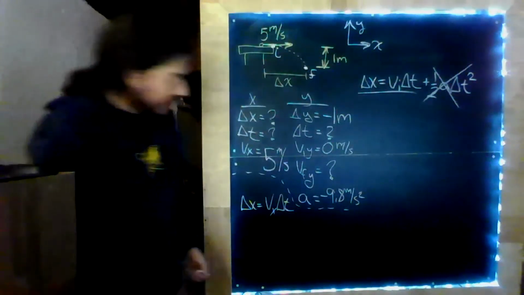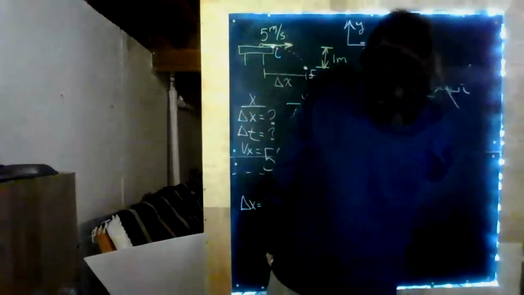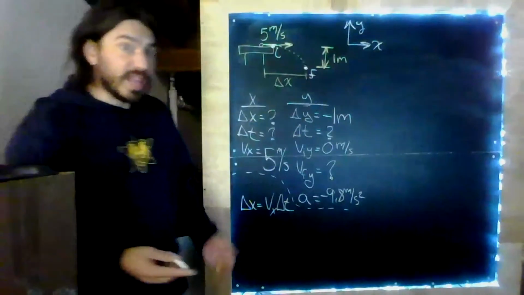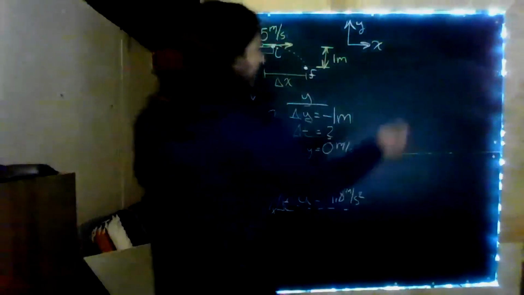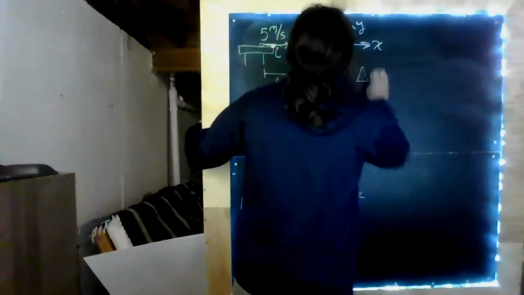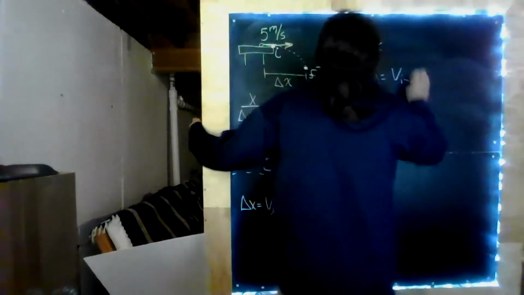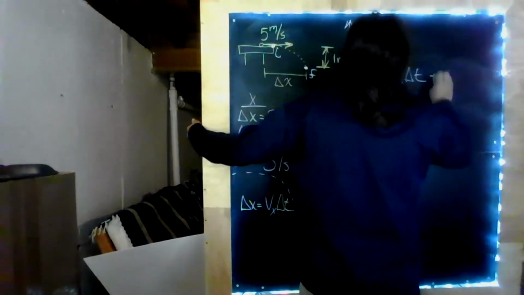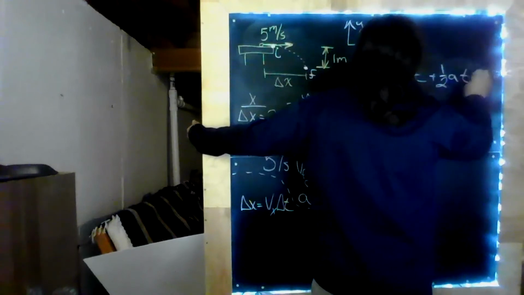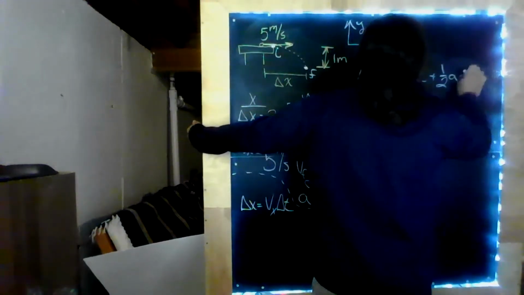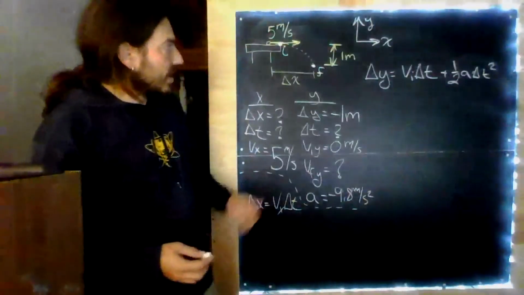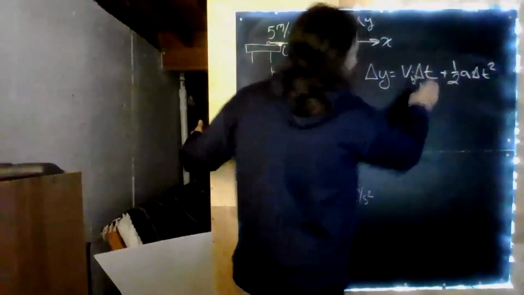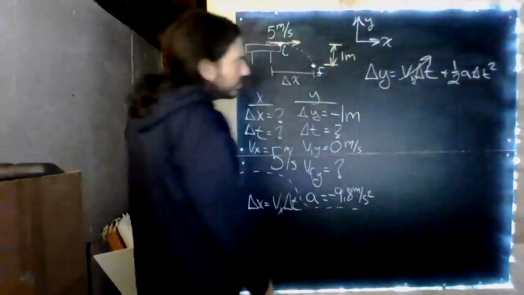And in fact, I think that we could use equation number 2 to do that, but we'll apply it to the y direction. So in the y direction, we would have delta y equals v initial delta t plus 1/2 a delta t squared. Okay, so let's look at this. We've got the v initial in the y direction. What is that? That's 0. This whole term goes away, doesn't it?